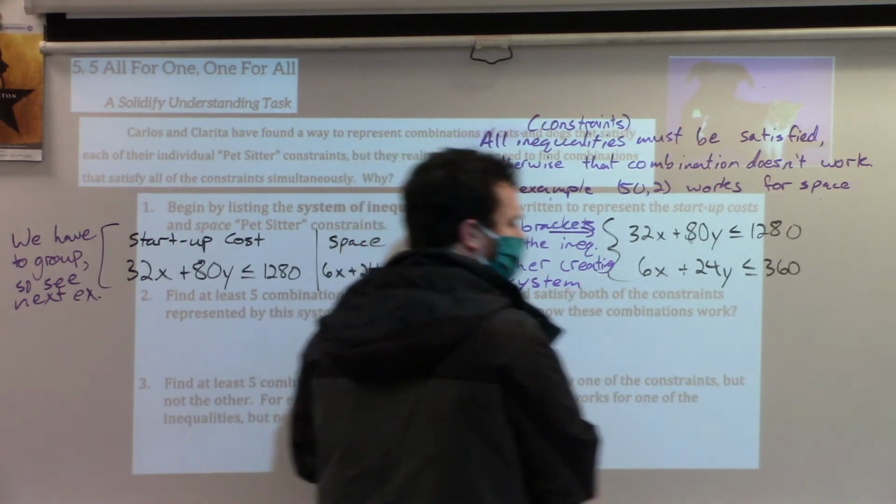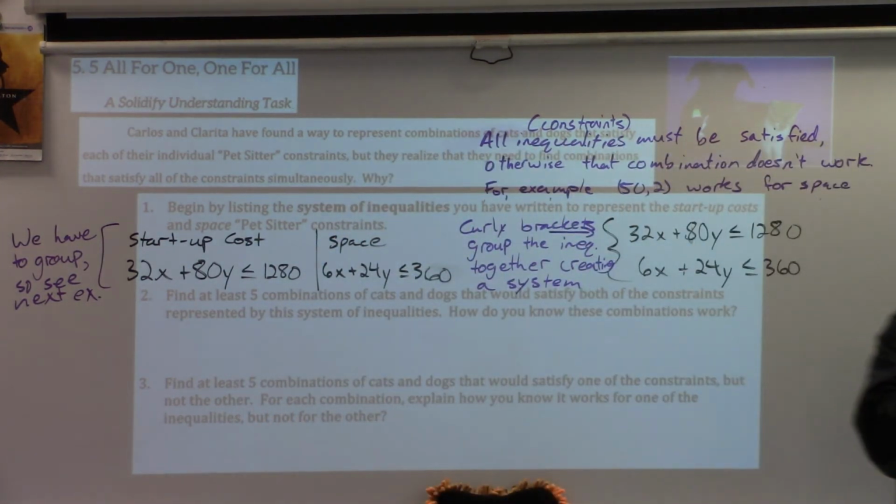So make a couple of notes to yourself about that so that you have that as a reference for later, because we're working with systems from now until the end of this unit. So we want to make sure we understand that those curly brackets are important for grouping the inequalities together. Marquita, have you written that down?